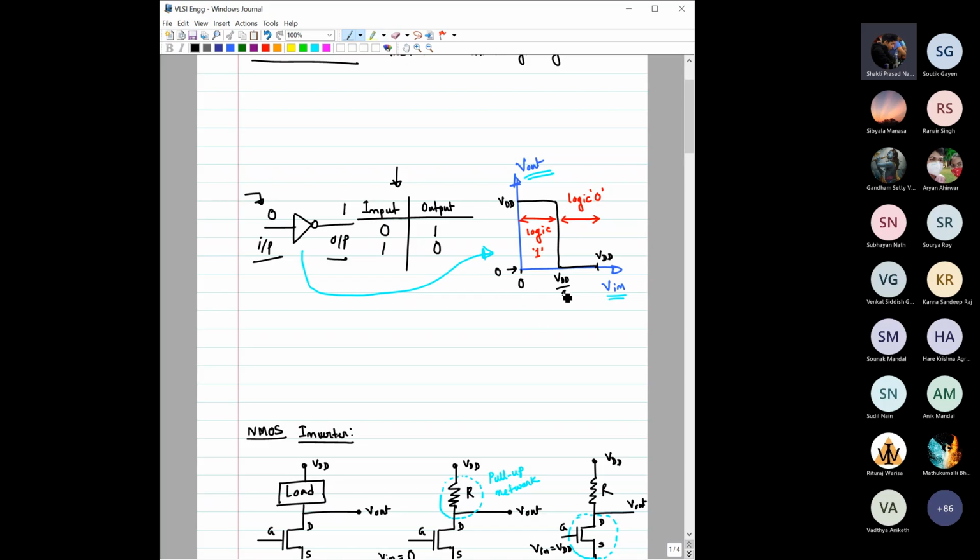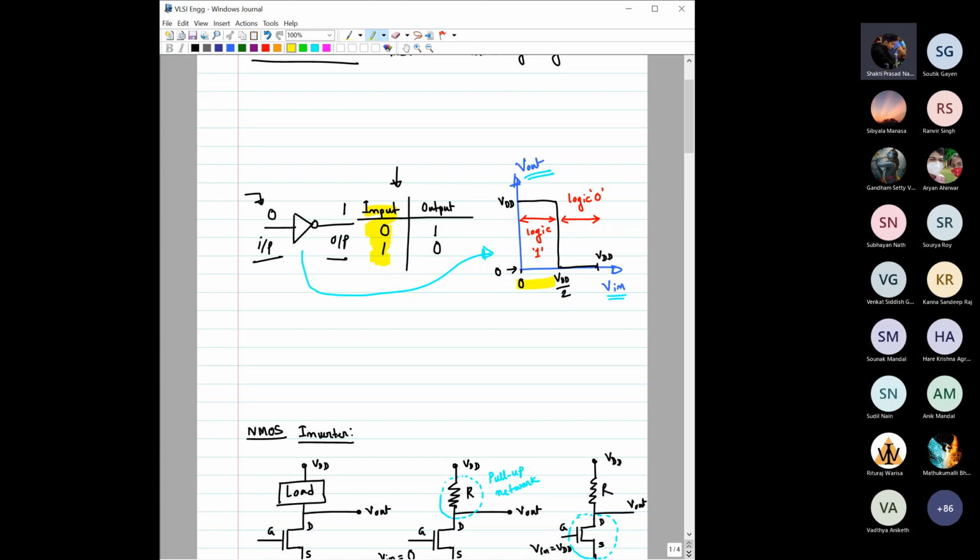One thing should be clear from here. When we say input level, logic 1 or logic 0, we are defining the input in terms of voltage levels. The voltage level is not actually quantized, but is a range of voltage.